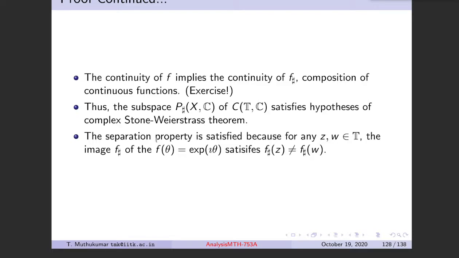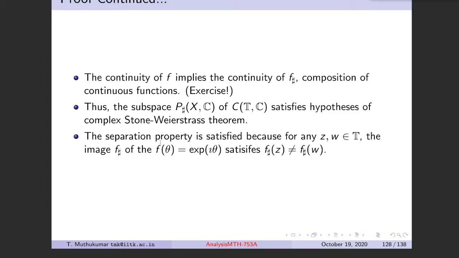The separation property is also valid, because if you take any two elements on the unit circle, the image of this function, that is f of theta equal to e^{i theta}, which is f star, will actually be an identity function. So f star of z will go to z, and f star of w will go to w. So if you choose two distinct z and w, the image is also distinct. So this will automatically be satisfied.